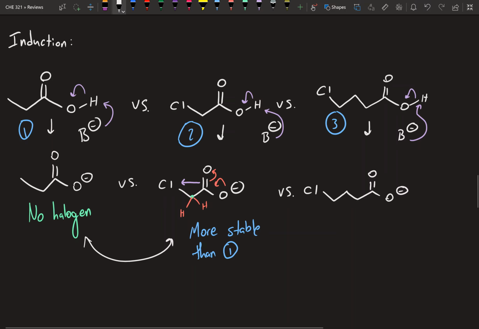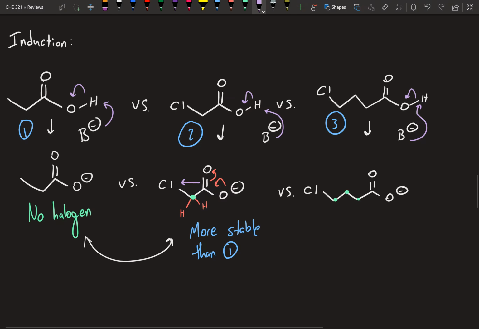So let's look at the third compound, number 3. It can resonate the same exact way, we discussed that before, but it also has a halogen on it now. The difference between the conjugate base of structure 2 and the conjugate base of structure 3 is the distance of that halogen. Here it was 1 atom away. Now it's going to be 1, 2, 3 carbons away. Okay? So it's further away from that negative charge.